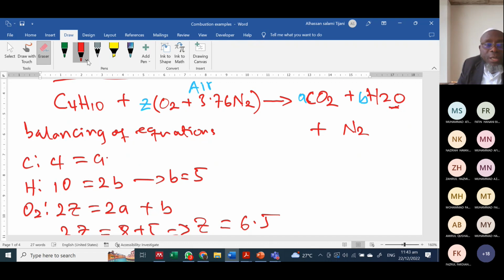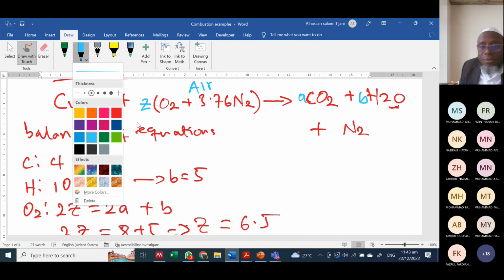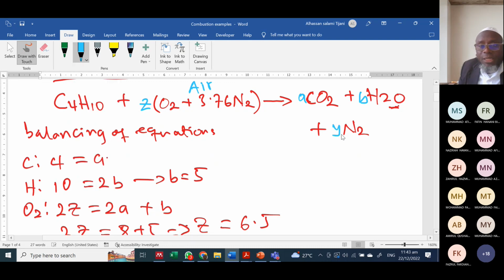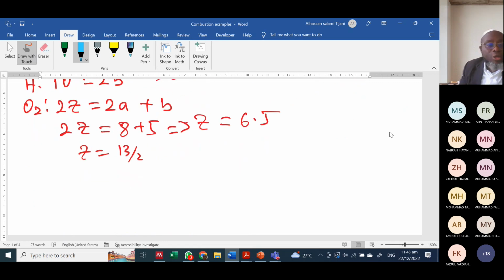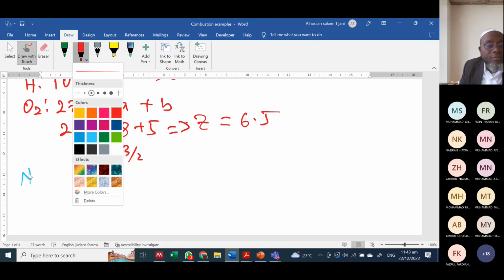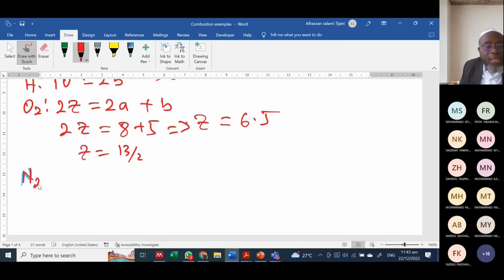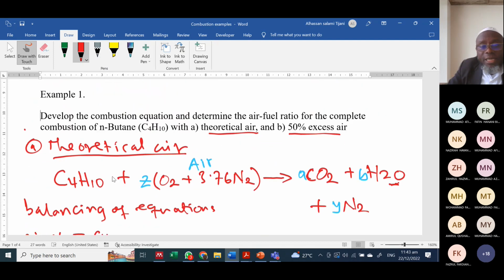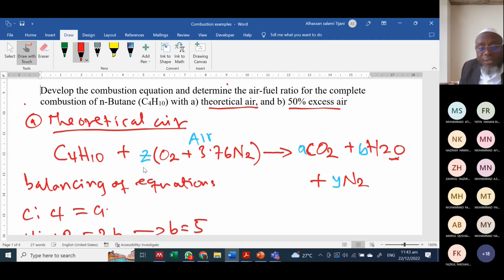Let this one be, let's say, Y. So if we look at the nitrogen component also, nitrogen gives me, at the left side, the reactant side, Z times 3.76 times 2.